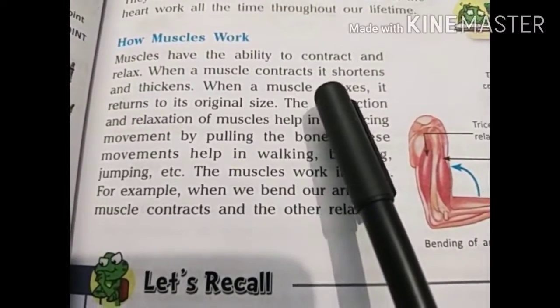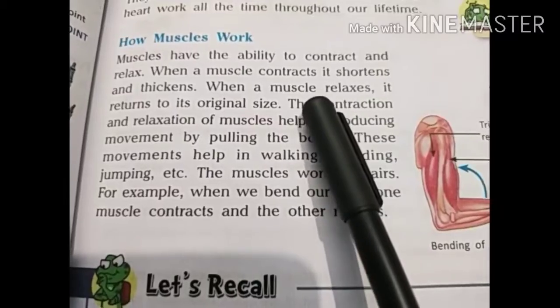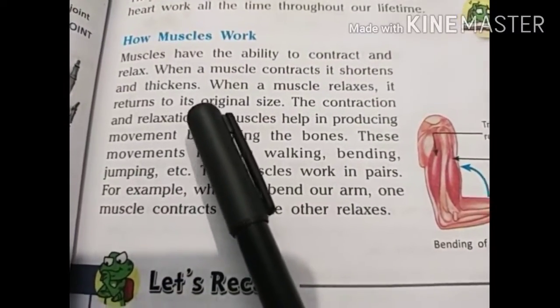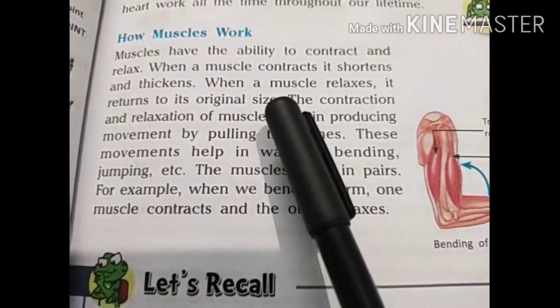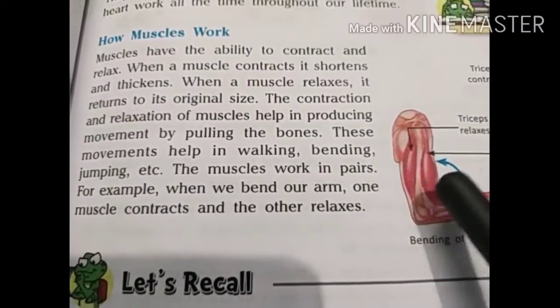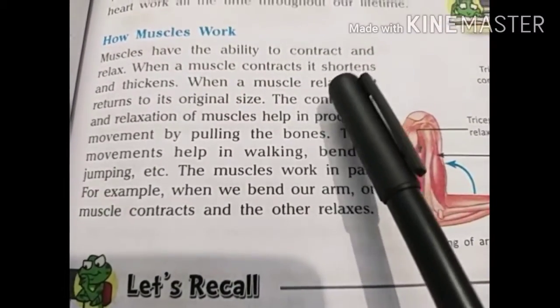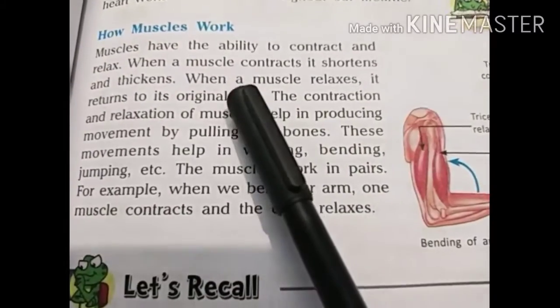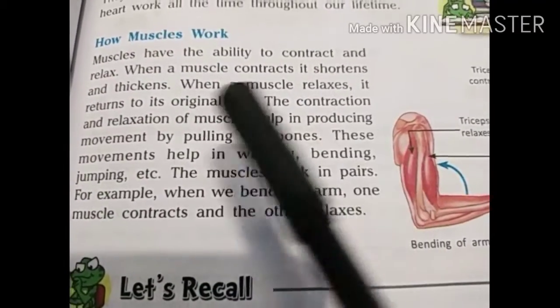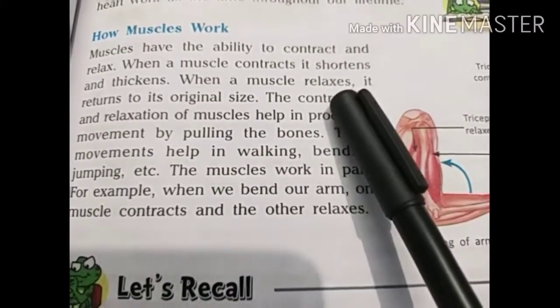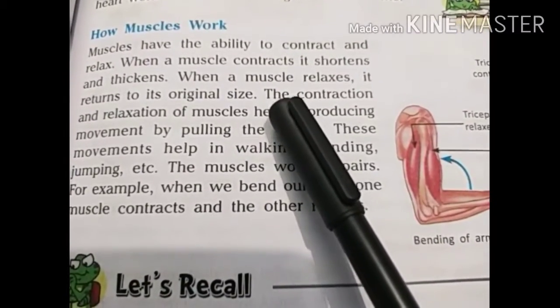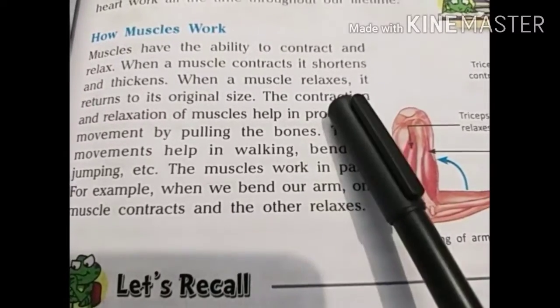When the muscles contract, they become shorter and denser or thicker. When a muscle relaxes, it returns to its original size. It means after relaxation of the muscles, they enlarge in size.